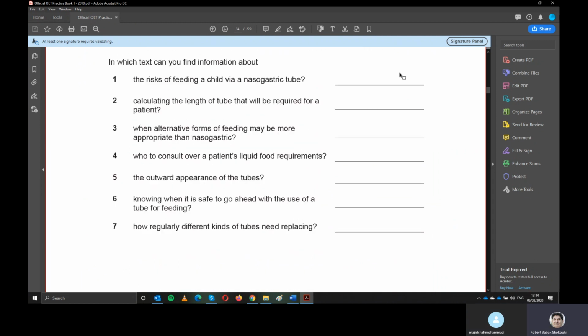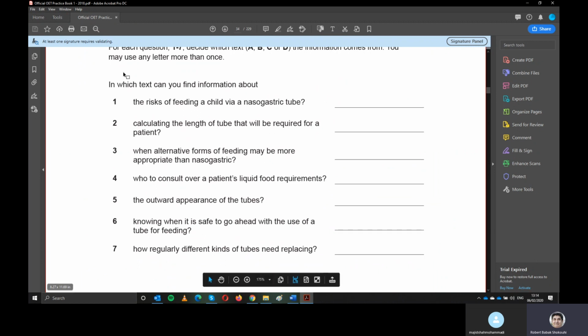But then when you come here, you've got these 7 questions. And it says, in which text can you find information about the risks of feeding a child via an NG tube? Can you guess where it might be?